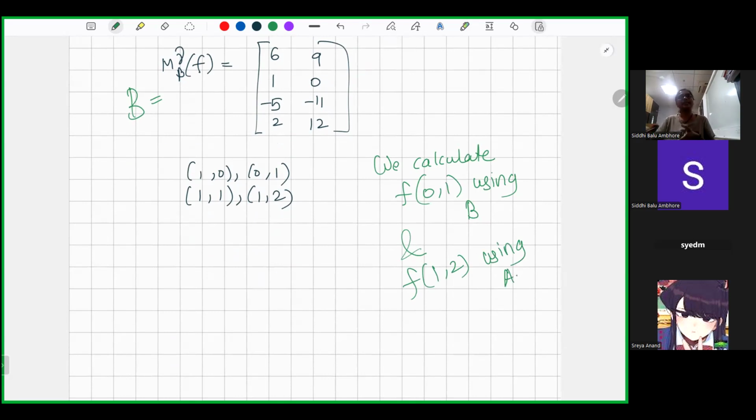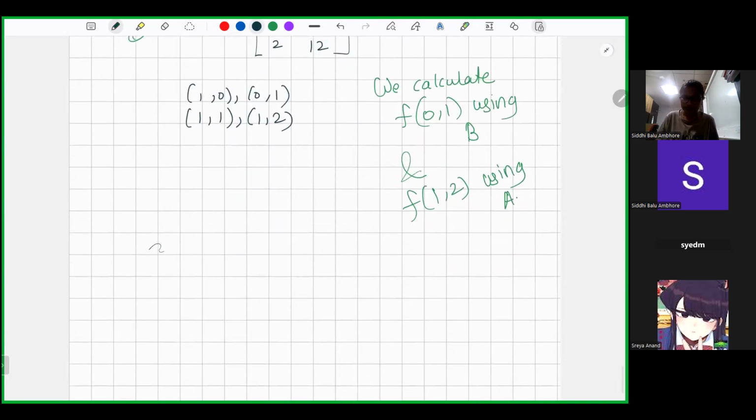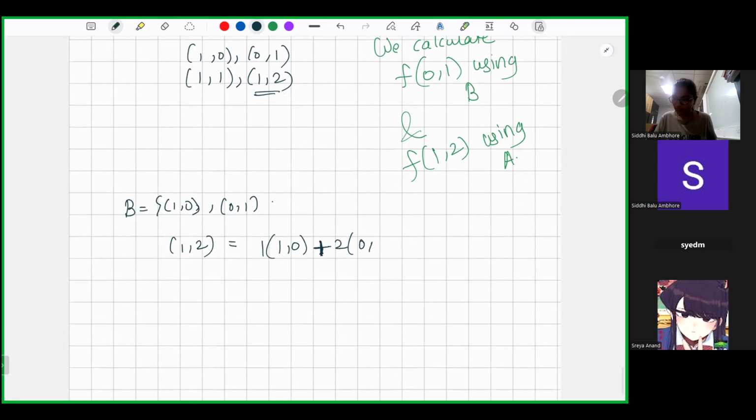I hope what this A and B mean. We just wrote here, so for the first one, the basis B was 1 0, 0 1. So this 1 2 here is 1 into e1, 1 into 1 0 plus 2 into 0 1, right?